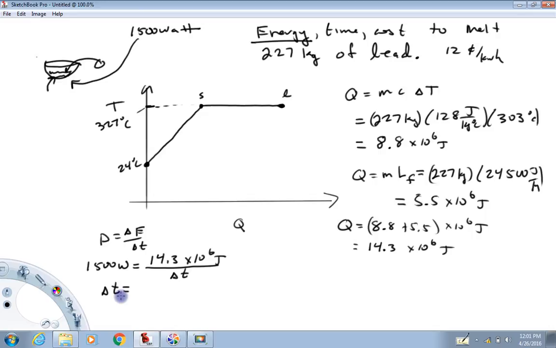What's it come to? 9,500. So this is approximately 9,500 seconds. Now remember, there's 3,600 seconds per hour. Would somebody divide that by 3,600 so I can convert that to a more reasonable time frame? Okay, which is about 2.64 hours.